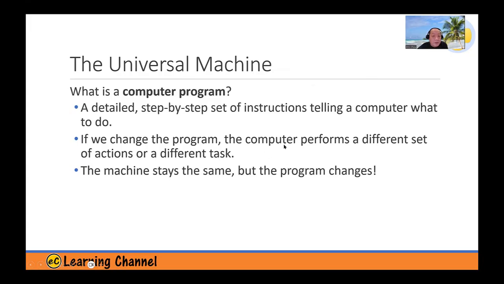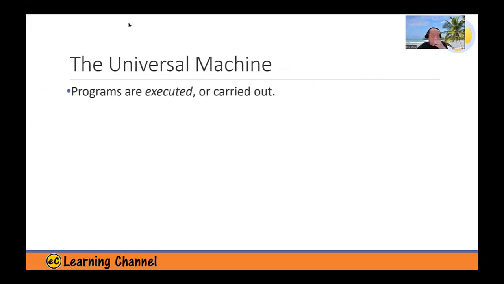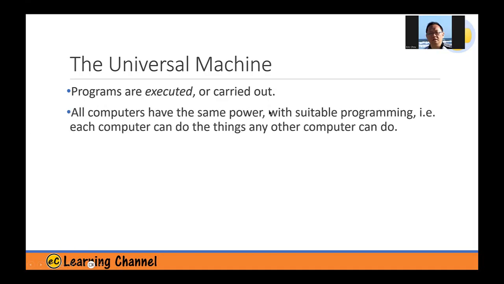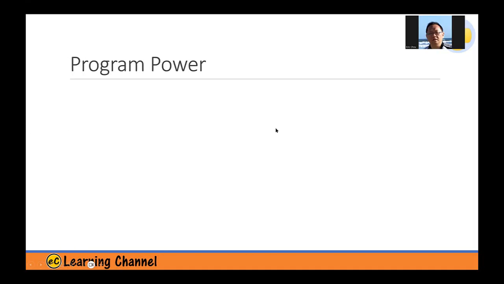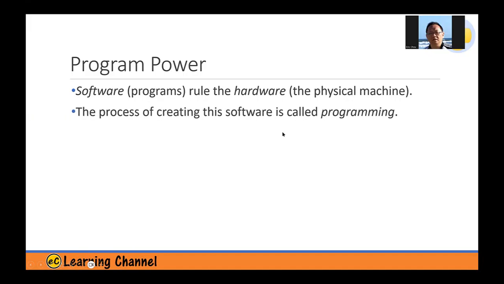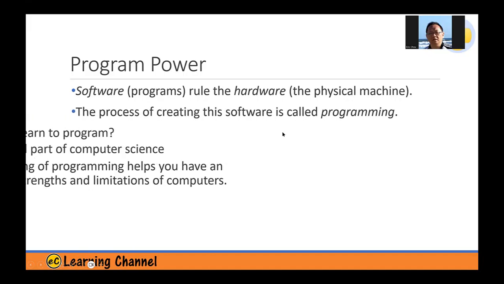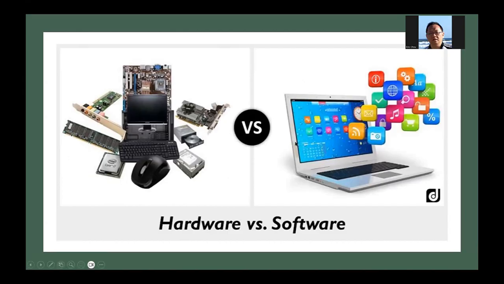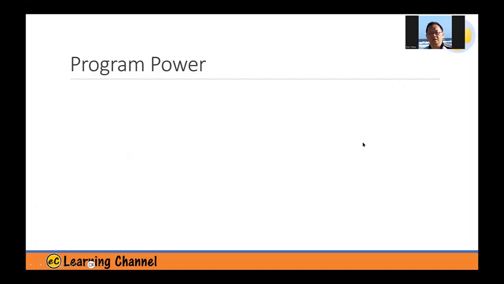That's a computer program. A program is queued and carried out, so there is hardware that can work on it. Software is the program, the rules, and hardware is the machine that does the processing for you.